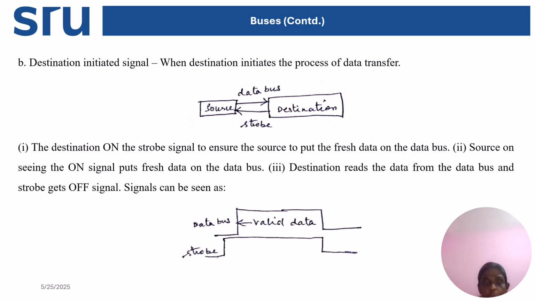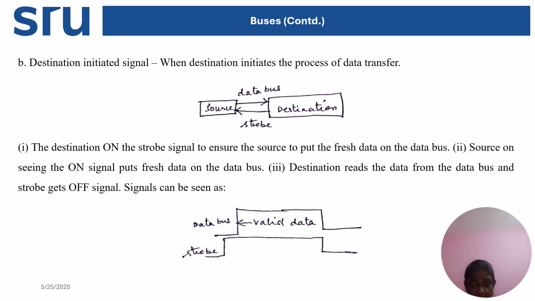This operation is performed in three steps. Number one, the destination turns on the strobe signal to ensure the source puts fresh data on the data bus. In the previous case, the data direction is from source to destination, but the direction of the strobe signal is different. What is the meaning of this?